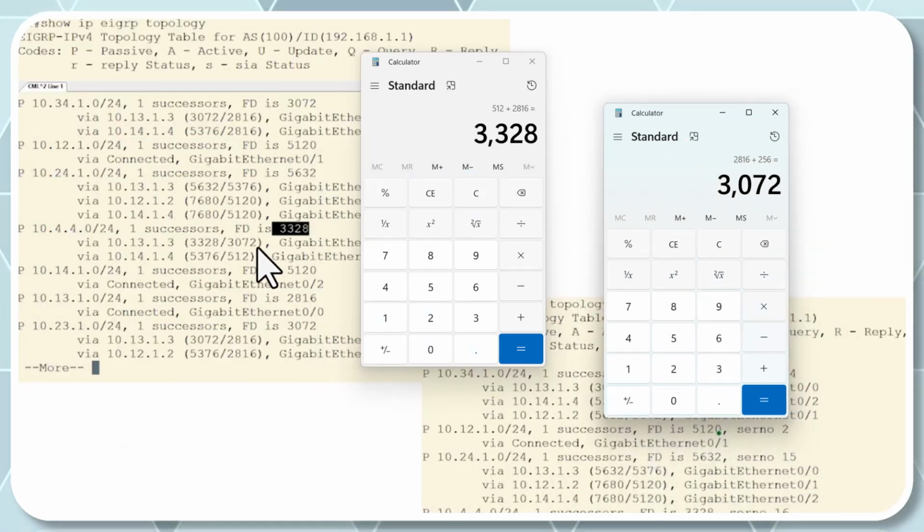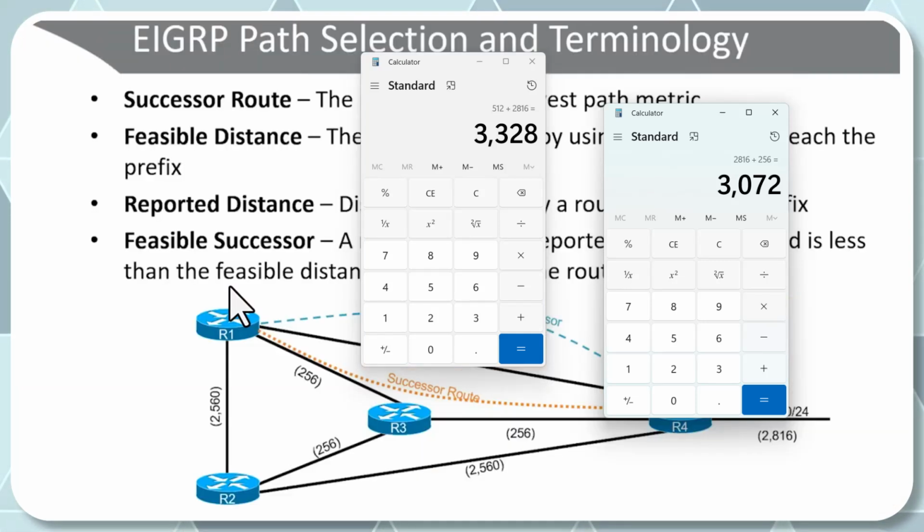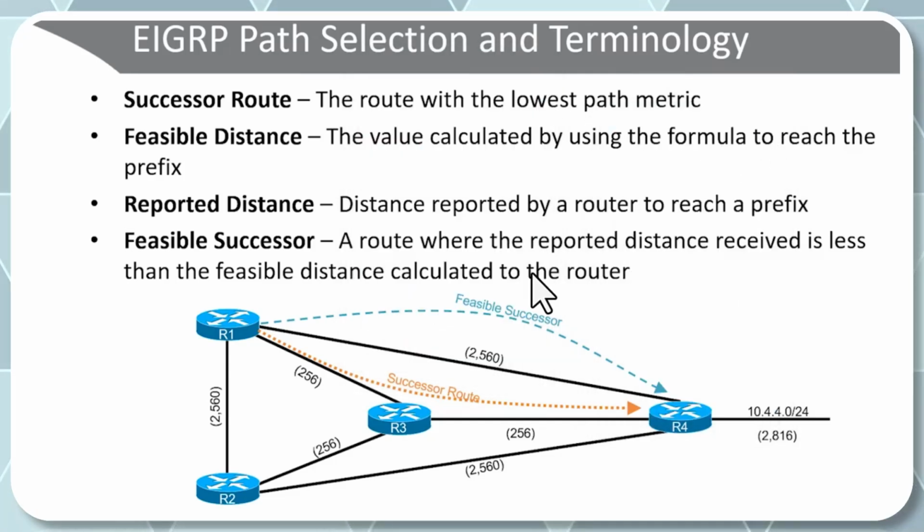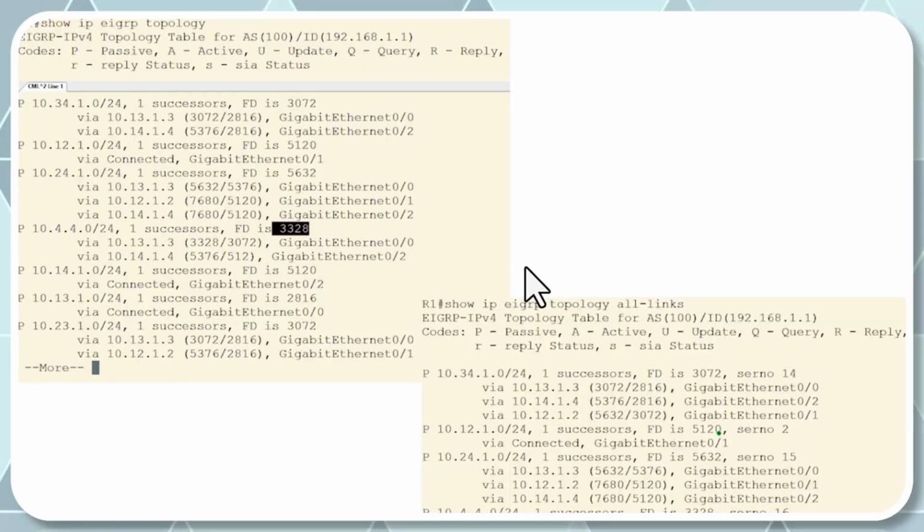So this one is my feasible distance, the whole path, and this is my reported distance. And who is reporting? Router number 4 is reporting. It is saying I have this and this. So in this way the metric is calculated, and we have two paths here.